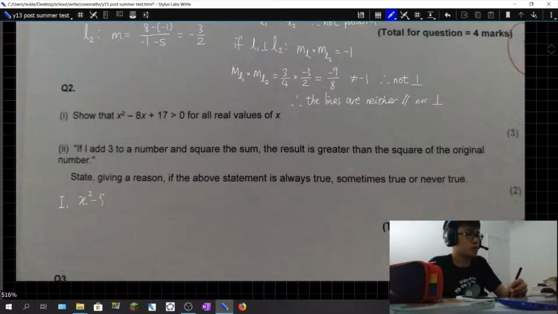So x squared minus 8x plus 17, if you complete the square, so you're going to have 8 over 2, that's going to be 4, x minus 4 squared, and then you have to subtract the square of 4 from that, so it's going to be 16, and then you have your constant, which is plus 17, and that's going to be equal to x minus 4 squared plus 1.